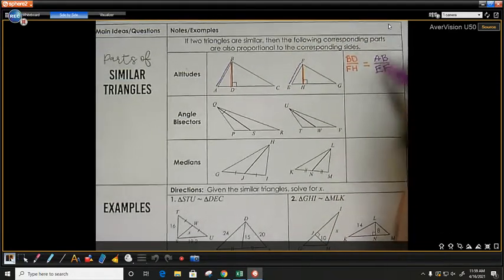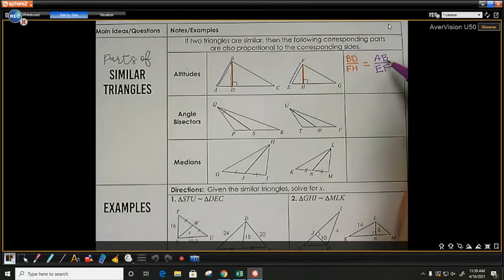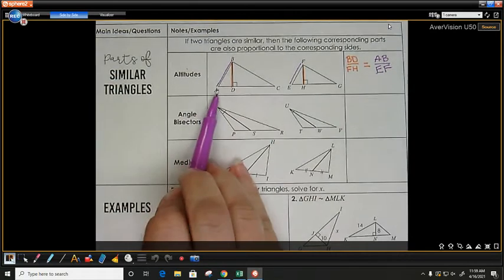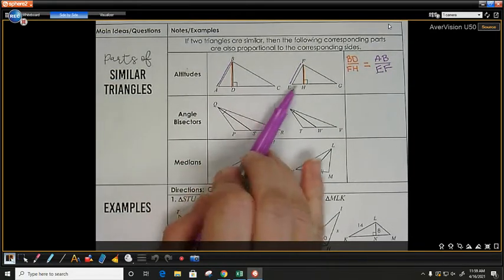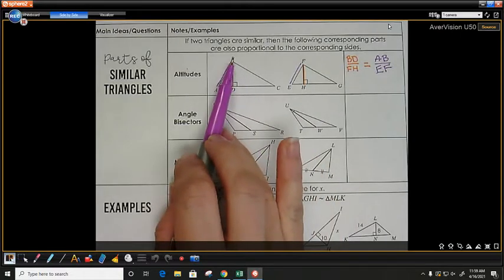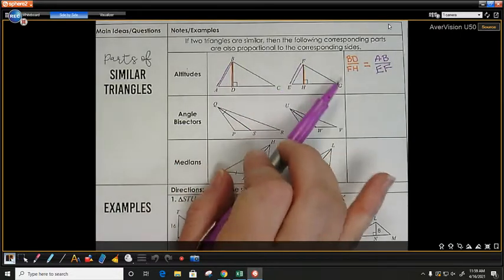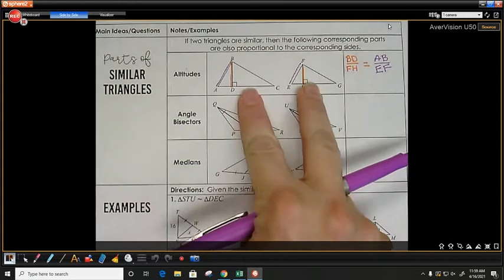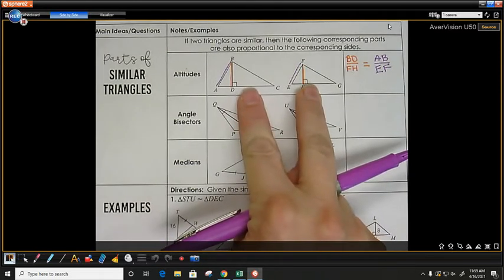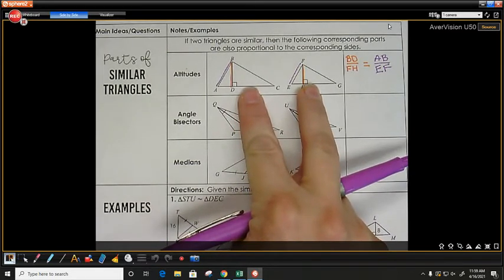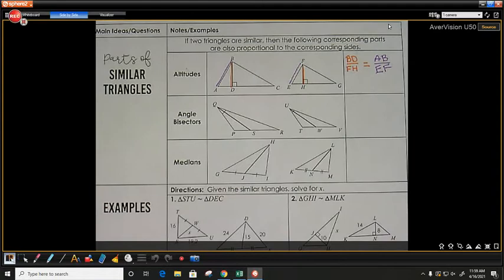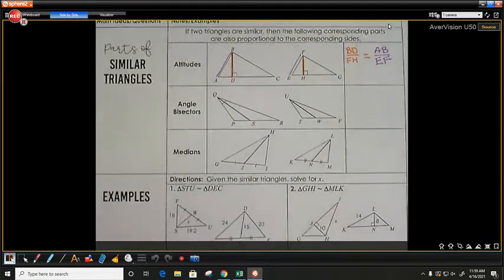Now, you could use any of the different corresponding sides for this second piece. One altitude over the other altitude is equal to, you could have said AC over EG, or BC over FG. Since these triangles are similar, I know that the ratios of all of the corresponding sides are proportional, okay?